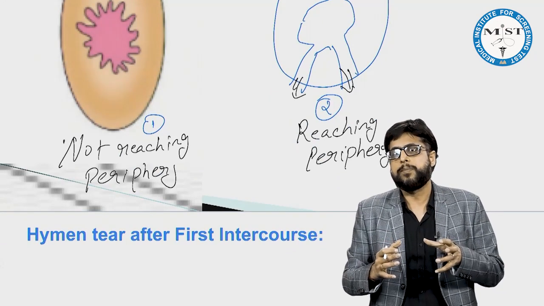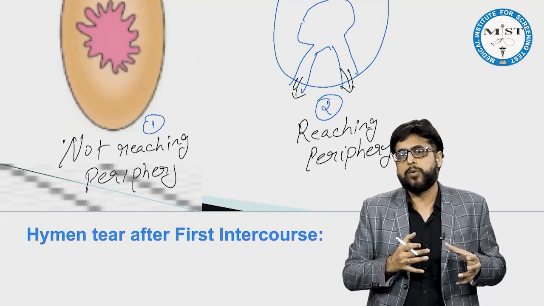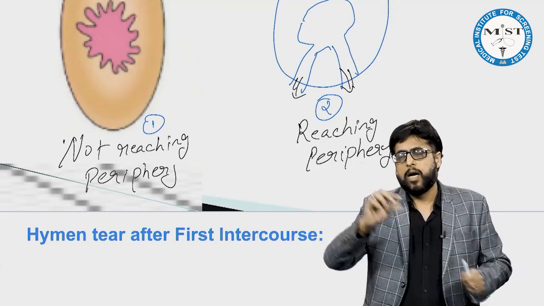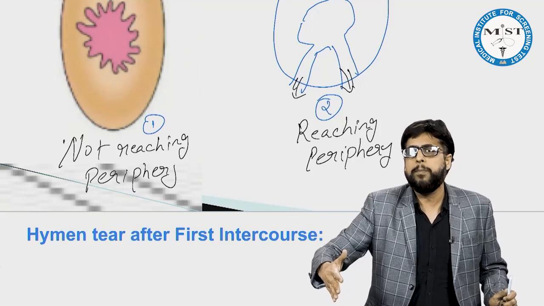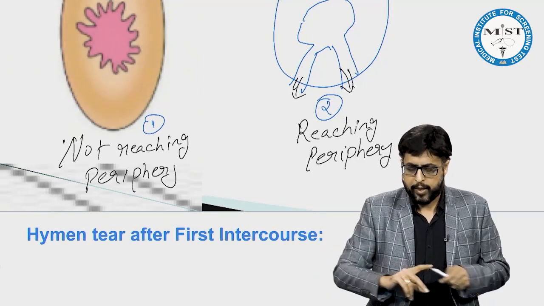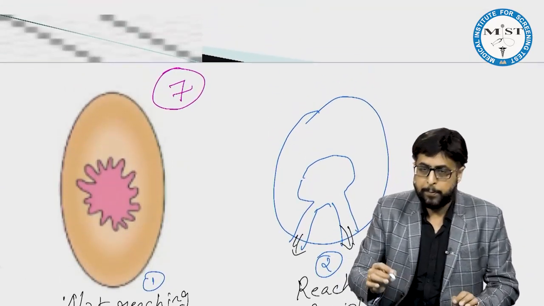Try to understand the concept. The more concept you understand, the less you will have to rectify. If there is a mechanical force, usually the whole hymen till the periphery will be ruptured. So tears reach the periphery.